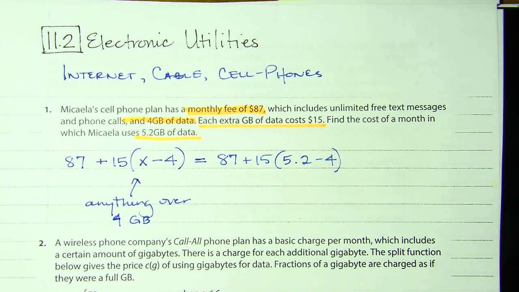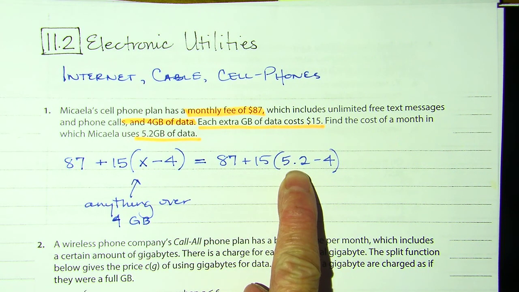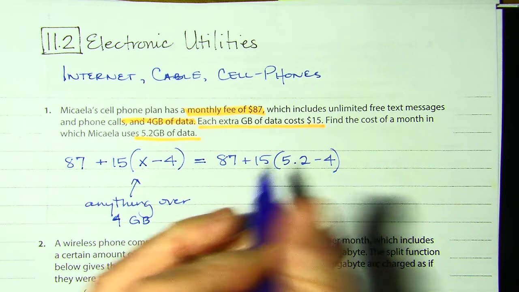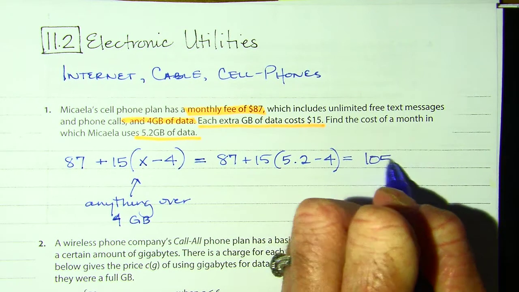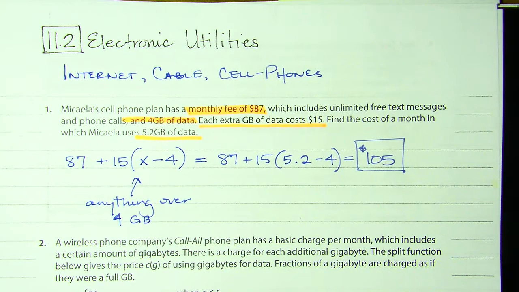All right, so let's plug in this one. $87 plus 15 times 5.2 minus 4. And I get a total of $105. Okay, next.